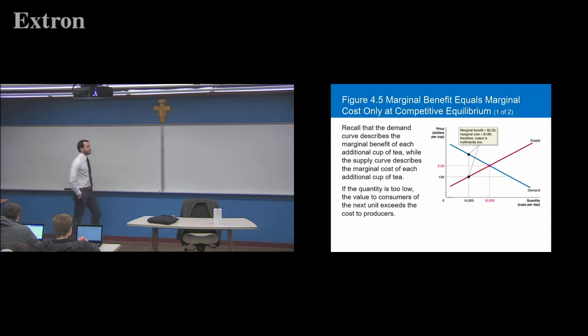So you're moving from 14,000 cups to 15,000 cups, and then go past it. At this point, the marginal cost on this curve is going to be greater than the marginal benefit on that curve. So say the marginal cost ends up being $2.01, and the marginal benefit is $1.99.